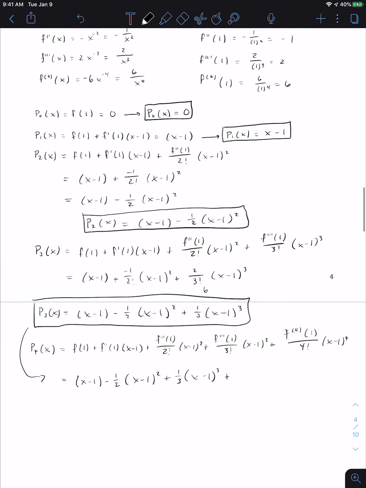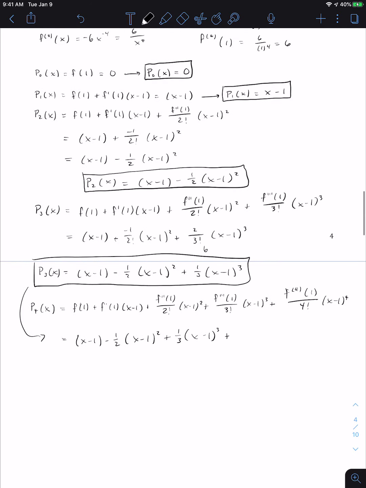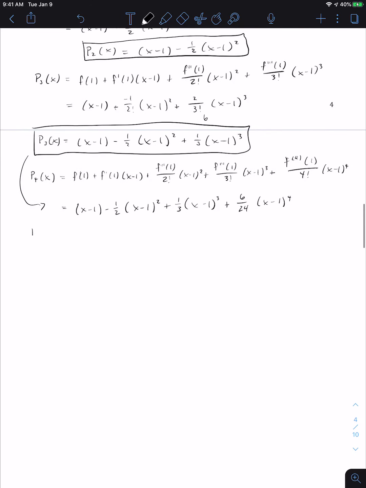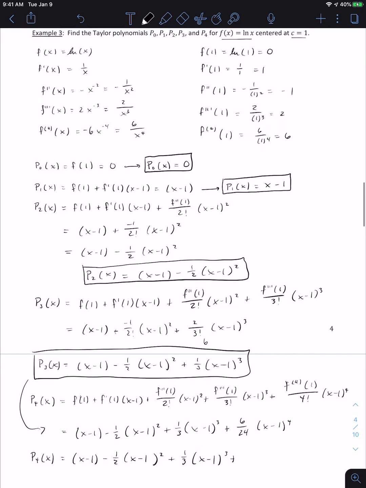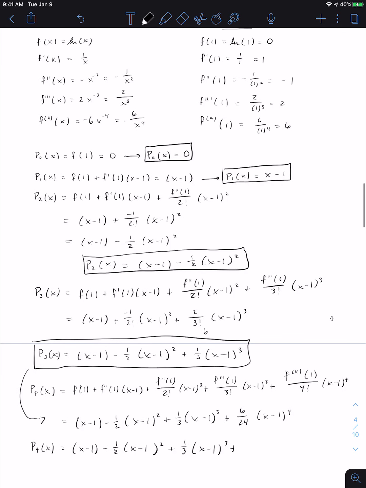And now what is the fourth derivative at 1? That is negative 6. 4 factorial is going to be 24. So I get that p sub 4 of x is equal to x minus 1 minus 1/2 x minus 1 squared plus 1/3 x minus 1 cubed plus, nope, oh, I should have had a minus 6 there.